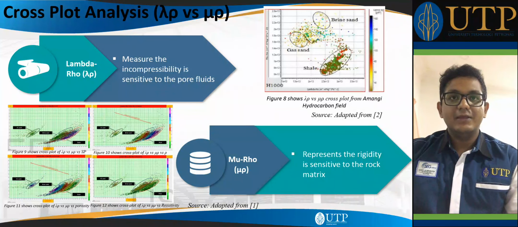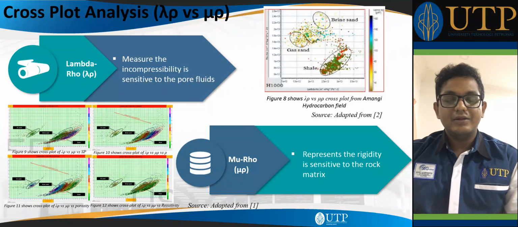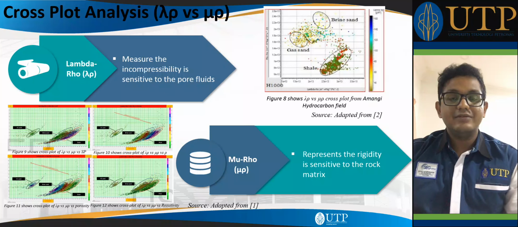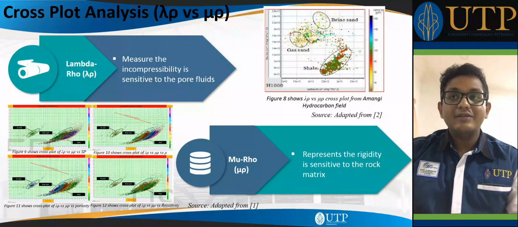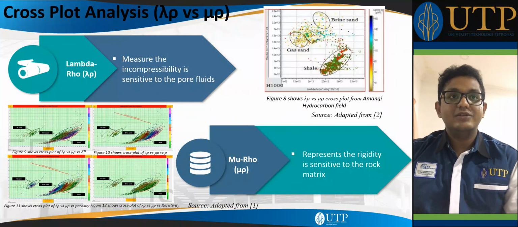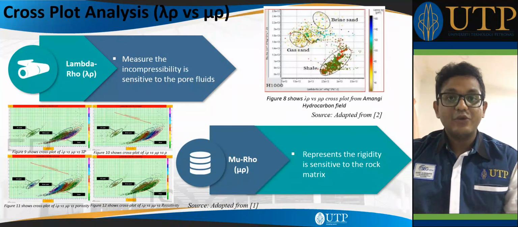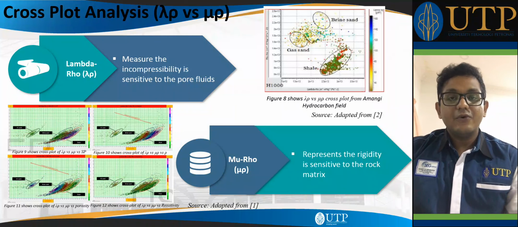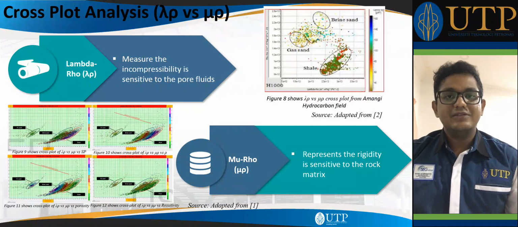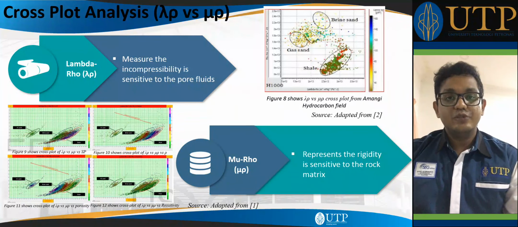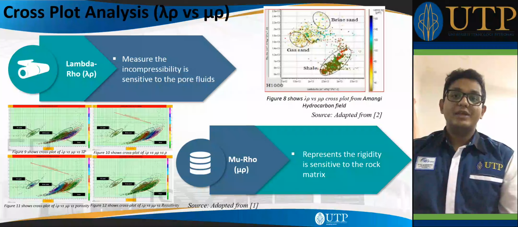Also, density increases towards the shale zone, while porosity increases towards the hydrocarbon bearing zone, as well as the high resistivity value cluster, which is visible, that notices the hydrocarbon bearing zone. Therefore, Lambda-Rho and Mu-Rho give us more sensitive data that helps us to discriminate both fluid and lithology.